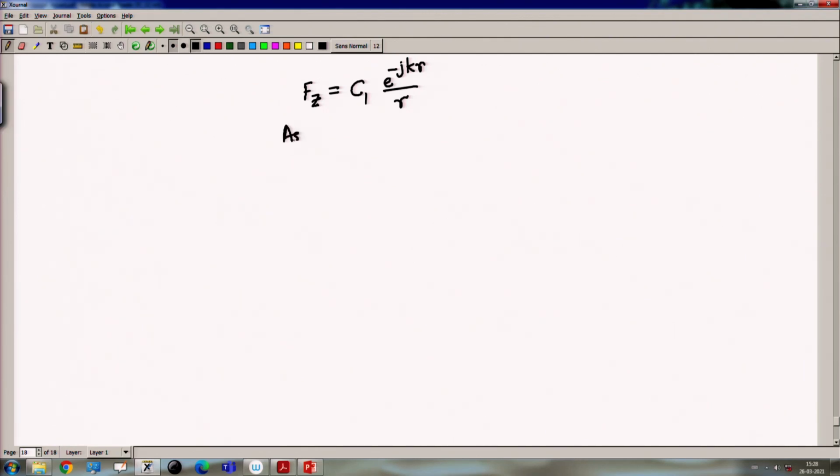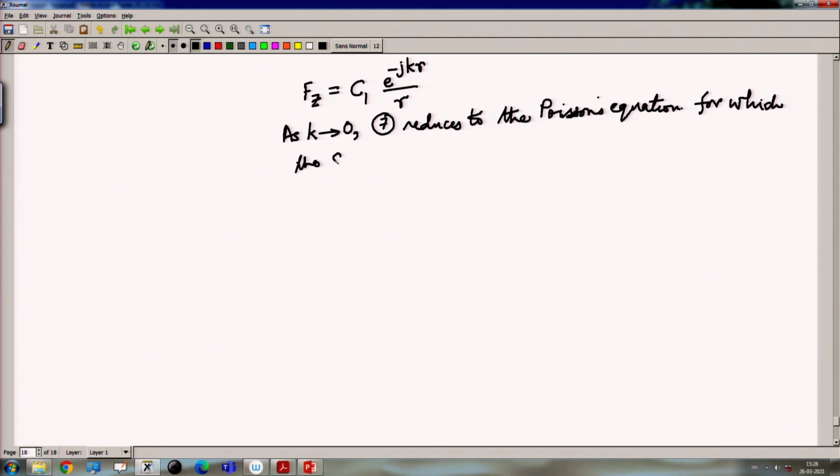Now, as k tends to 0, equation 7 reduces to the Poisson's equation, for which the solution is f z is equal to K L by 4 pi r.